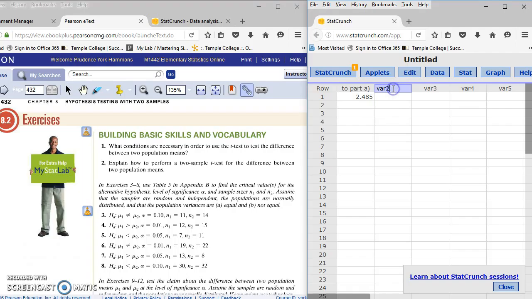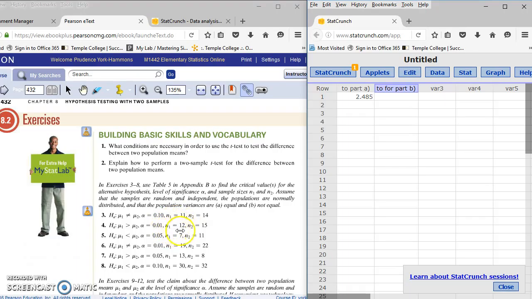Now we need to find T sub O for part B. Now part B is where the variances are not equal. So if they're not equal, you pick the smaller of the two sample sizes and subtract 1 from that.